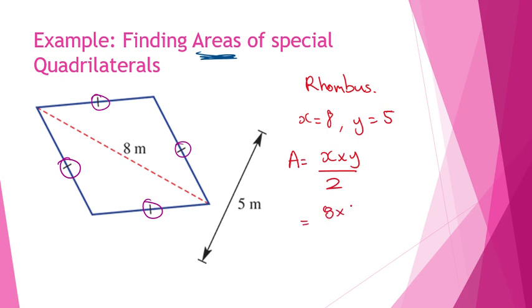So this will now become 8 times 5 divided by 2. This will just give me 40 over 2. And 40 divided by 2 is the same thing as 20. Okay? So 20 meters squared. So as you can see, it doesn't matter which formula you use, provided that you use the correct numbers and you substitute them in the right place. So you still get the same answer.